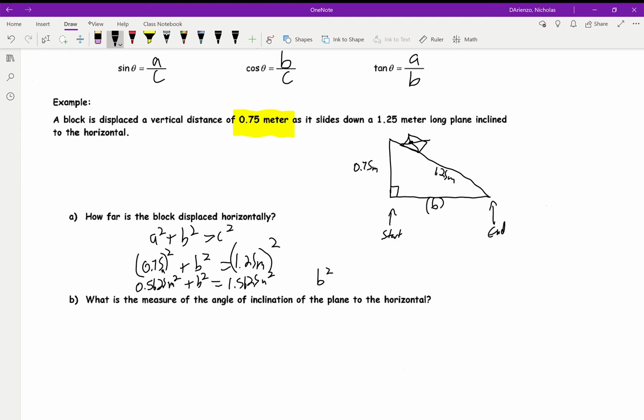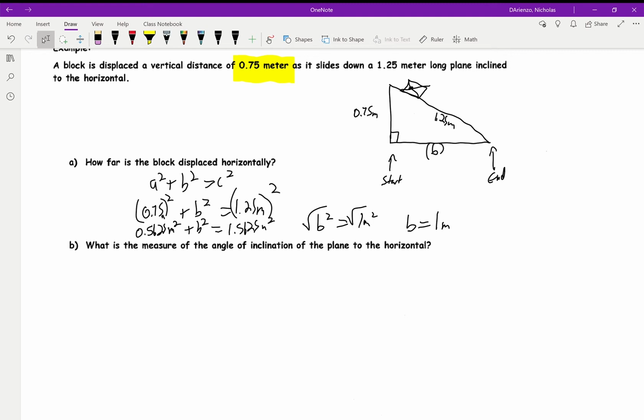Simplifying, we get b squared is equal to 1. We take the square root of b squared and the square root of 1. B is equal to 1 meter. This would actually be 1 meter squared. We'll keep our units consistent here.